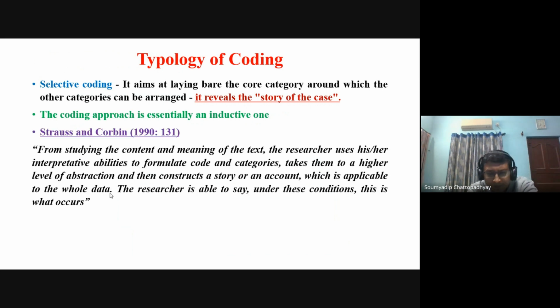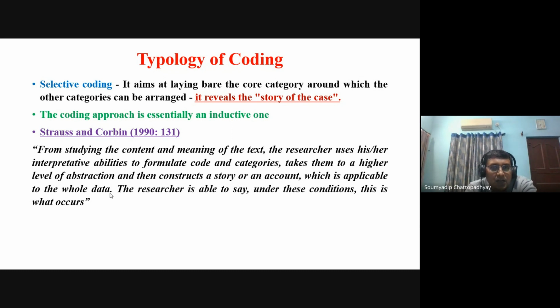And there is a famous quotation from Strauss and Corbin which valorizes the importance of coding. Let me read it for you.